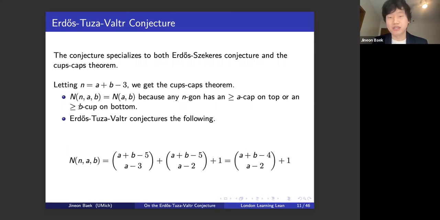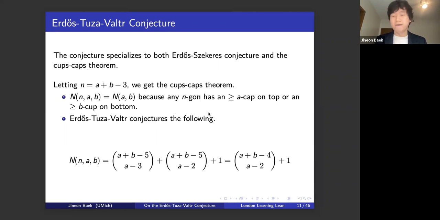It also gives us back the cups-caps theorem. For this one, we need to think a little bit more. By letting n equal a plus b minus 3, we retrieve the cups-caps theorem. The reason is that for any n-gon where n is equal to a plus b minus 3, we either have an a-cap on top or a b-cup on the bottom. An n-gon, if you imagine, consists of a big cap and a big cup that meet at both endpoints.